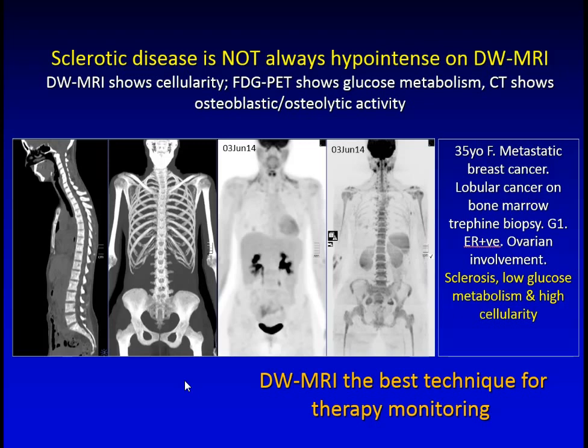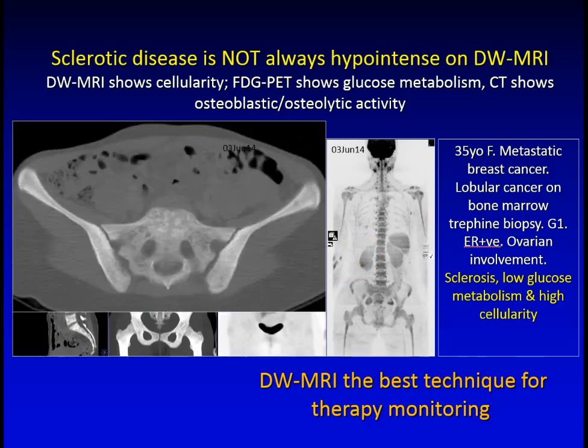Now, what you mustn't go away thinking is that sclerotic disease is always hypo-intense on diffusion-weighted sequences, and in fact it turns out this isn't the case. So here's a patient with extensive sclerotic bone disease. You can see that the FDG PET scan is negative, the DWI is positive. This is not surprising, this patient has lobular carcinoma. If you were to look at the morphological CT scans, you will see that there is a lot of sclerosis.